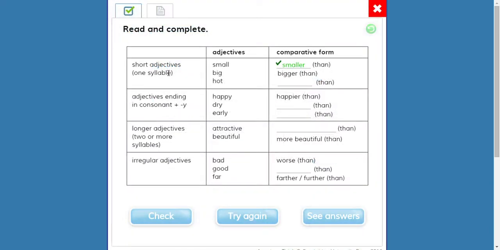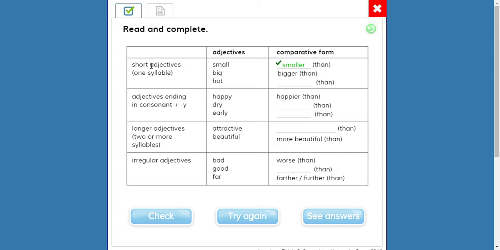Now let's see. There are four kinds of adjectives. A short adjective, only one syllable, for example small, big, hot. Then adjectives ending in consonant plus y, for example happy, dry, and early.